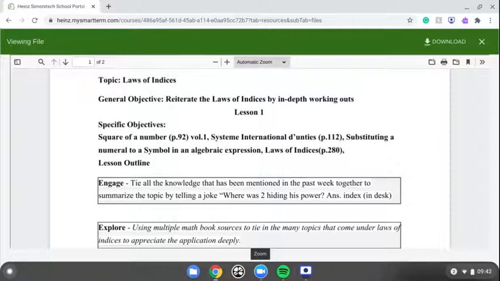Example 29 is on the same page 92. For the topic we just completed, square numbers, you're going to attempt the examples posted below the square value on page 92. So write it for me. Example 29 would be an attempt for you to do. But I'll post it in the portal.